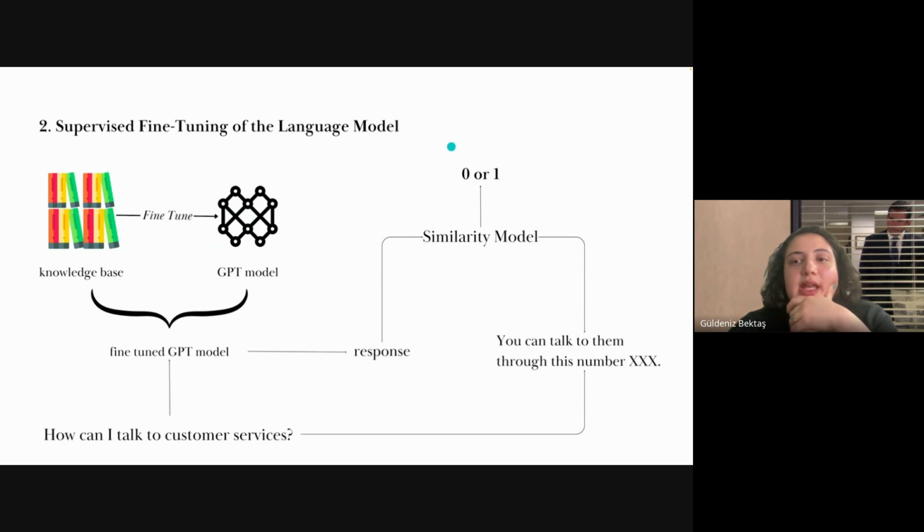And techniques like retrieval augmented generation are utilized to fine-tune the model according to the company's internal knowledge base. This is the data you collected in the first step, and then you're going to fine-tune the GPT model with your knowledge base.